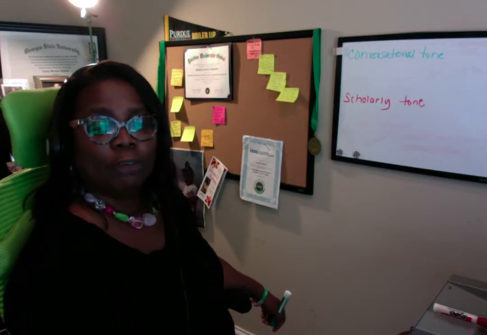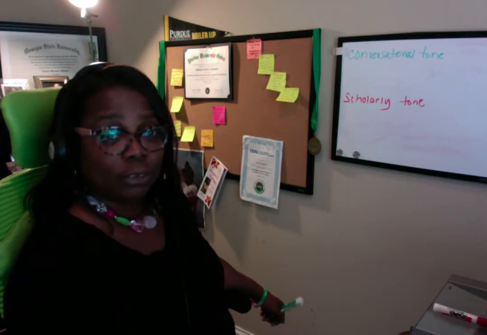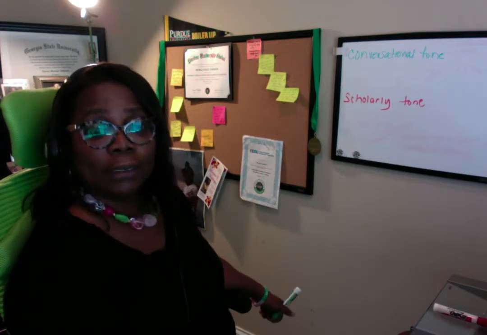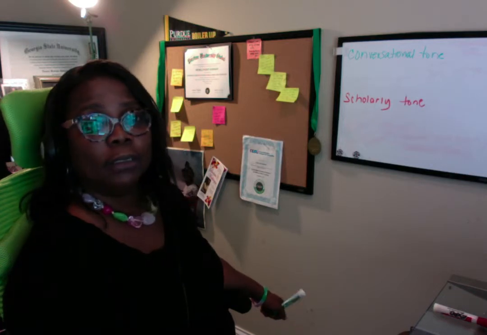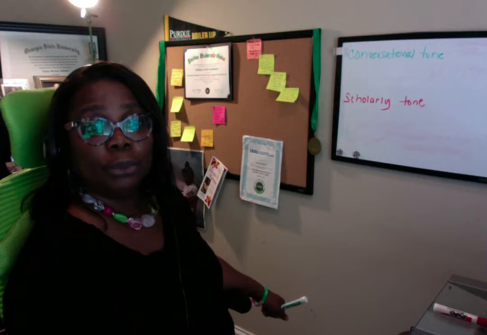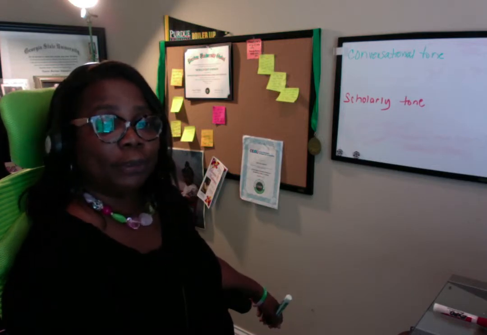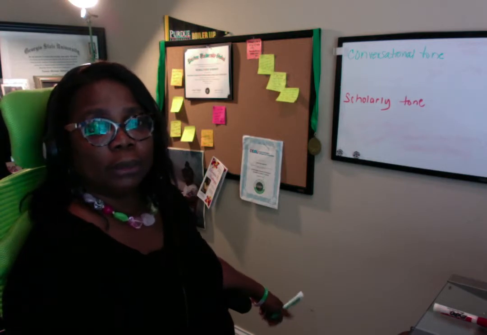Those are all fine in terms of conversational tone. Contractions are allowed, so you are able to use don't, can't, those types of words. And personal pronouns are also allowed. This is where you use I, we, you. Those are all fine in conversational tone. However, for the purposes of this particular course, we want to stick with scholarly tone.